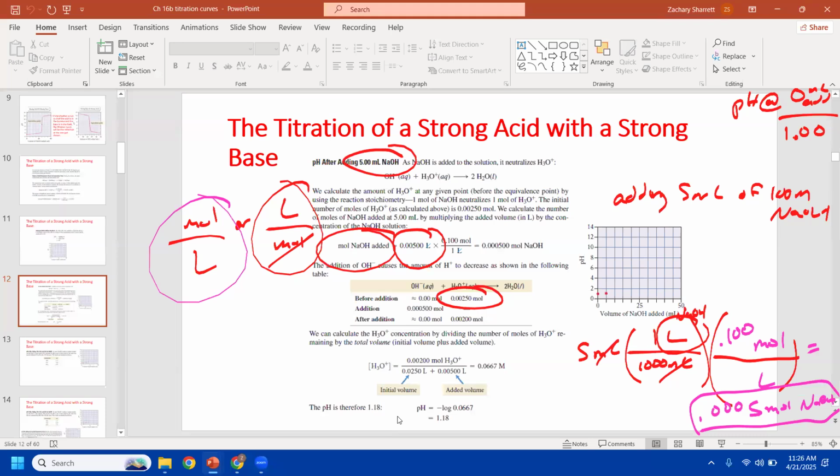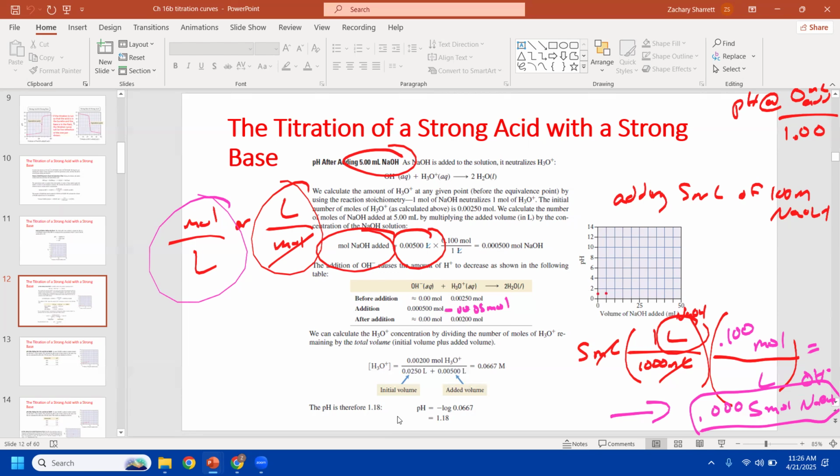That's why over here, we did basically a stoichiometry problem like we did with the buffer. We start off at 0.025 moles of H plus. Does everyone agree that if we add 0.0005 moles of NaOH, which is OH minus, we will subtract 0.0005 moles from the 0.0025? Everybody see that? So we have to be able to convert from molarity into moles or vice versa. That's going to be the important part of this.